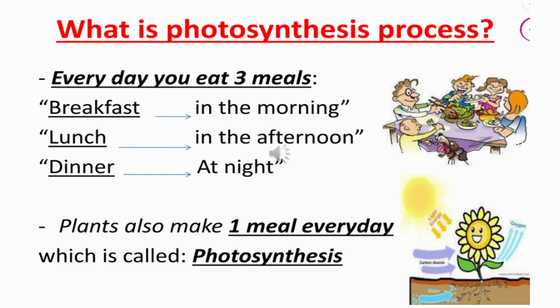but students, do you know what photosynthesis is? Now, just imagine every day as a human, as a person, you eat meals 3 times a day for breakfast, lunch, and dinner. Do you know plants also need meals? Yes, plants also make one meal every day, and this is what is called photosynthesis.